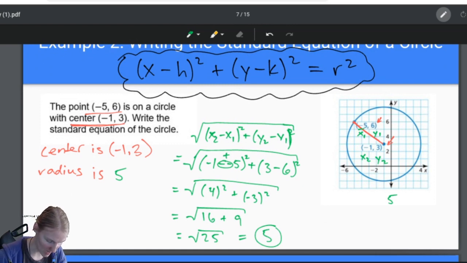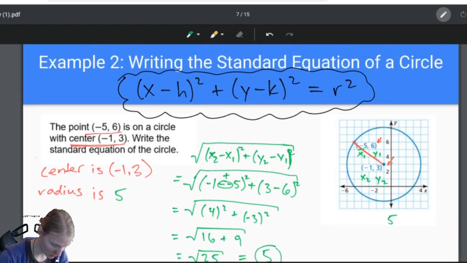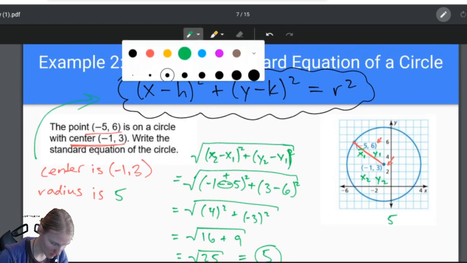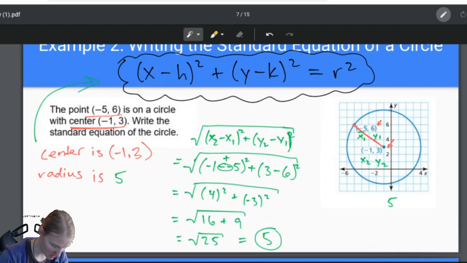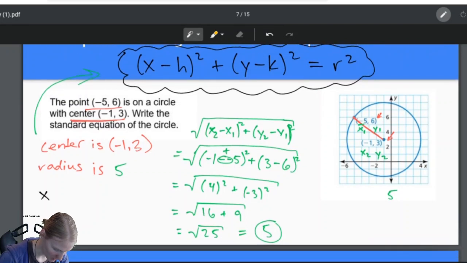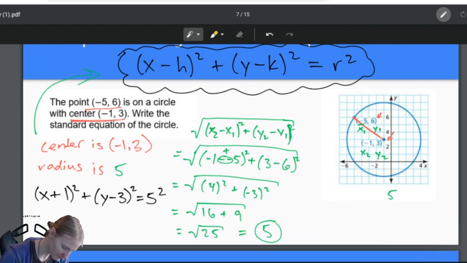Awesome. So now we have enough information to fill in the blanks here. And I can take x minus -1, but remember that's just going to come together and become happy, so let's write that from the get-go. X plus 1 squared plus y minus 3 squared equals 5 squared.